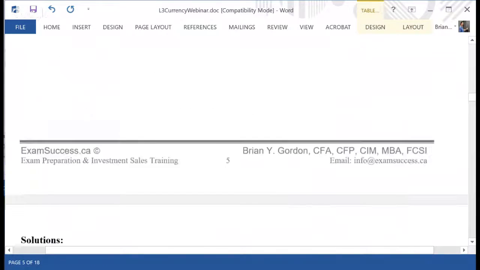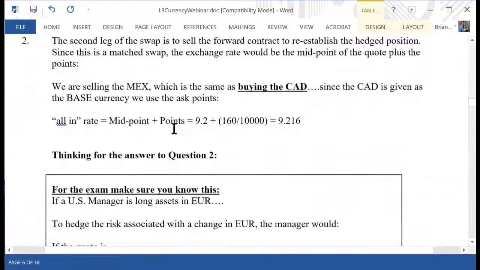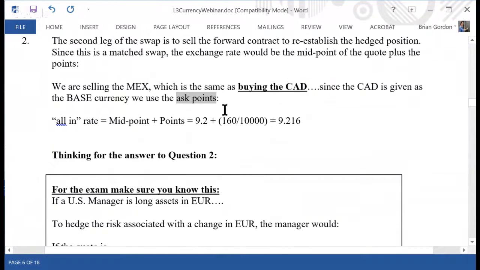So if I scroll back down to our answer now, we can put it together here. So we're selling the Mexican peso, which is the same thing as buying the Canadian. Since the Canadian's given as the base currency, we're buying the Canadian. We're going to use the ask points. That's what's critical here.